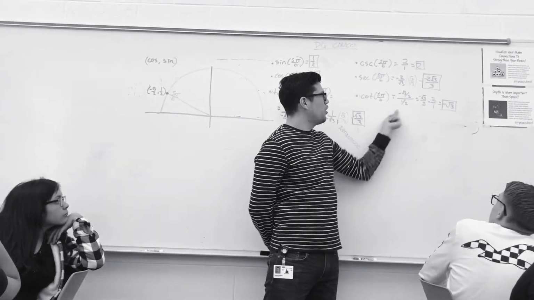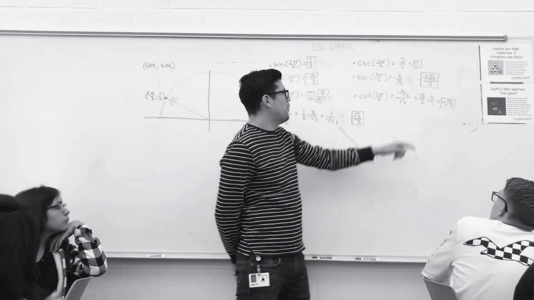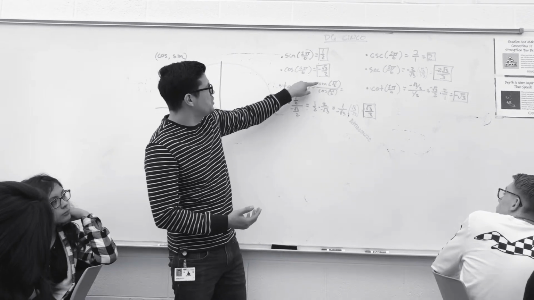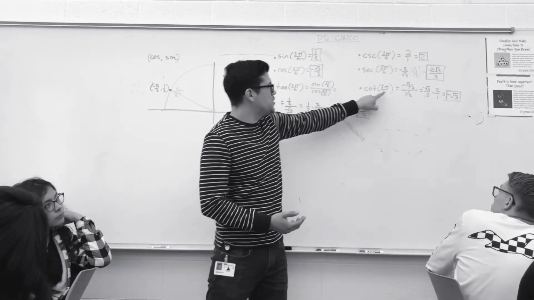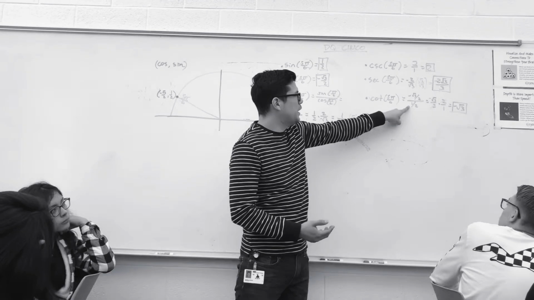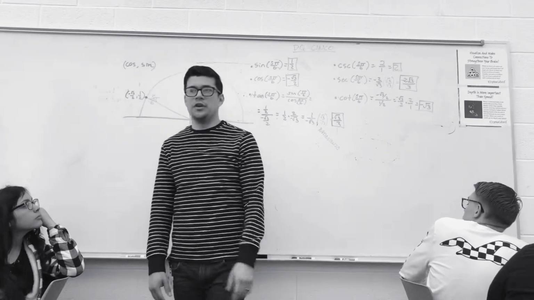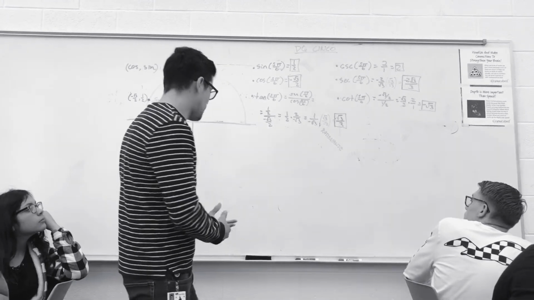Now here I actually showed all the work. I did cosine divided by sine. Since cotangent is the reciprocal of tangent, tangent is sine over cosine, therefore cotangent is cosine over sine. Alright? It is still just the reciprocal, so you get negative root 3. Of all those 6, I think tangent was the most complicated.